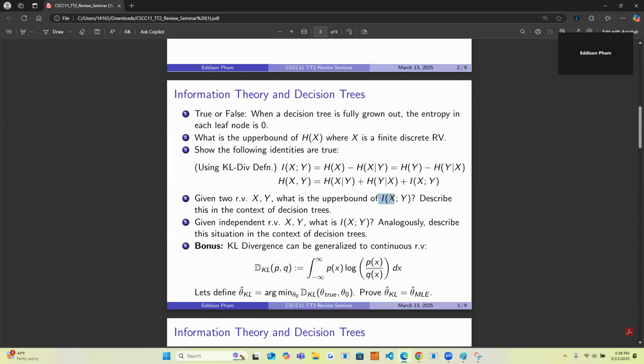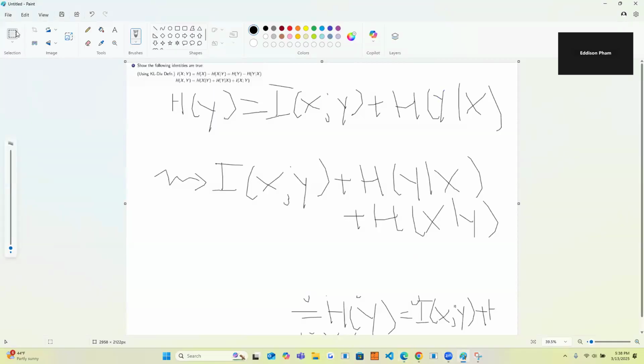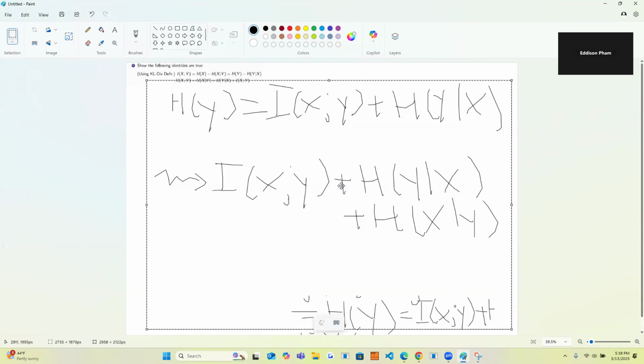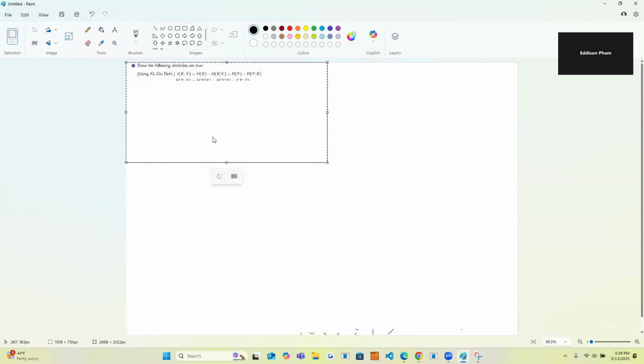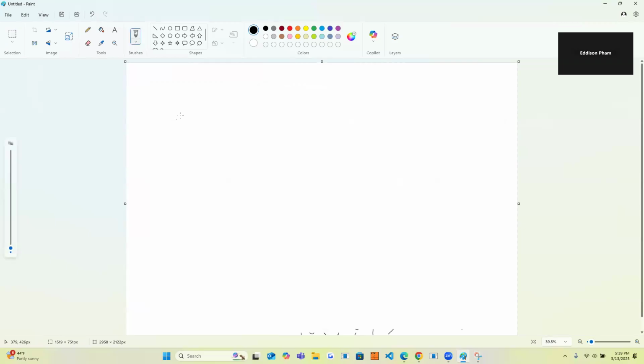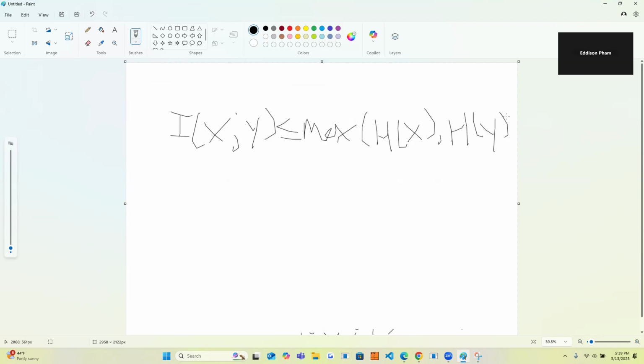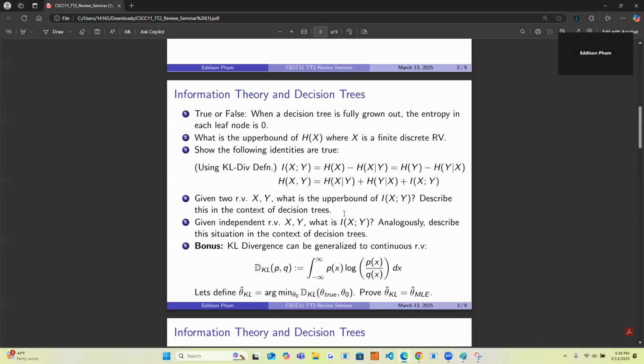The upper bound of mutual information of X and Y is actually just, sorry, let me remove all of this first. The upper bound is simply that it's less than or equal to the max of the entropy of X, comma, the entropy of Y. And this can only occur when one of the random variables, X or Y, completely explains the other one. So think about, actually, I'll go to the next part.